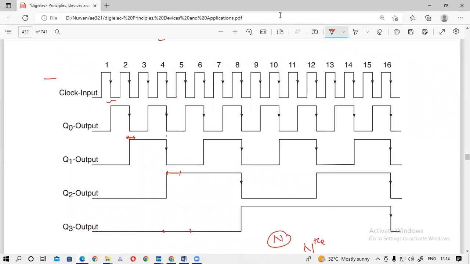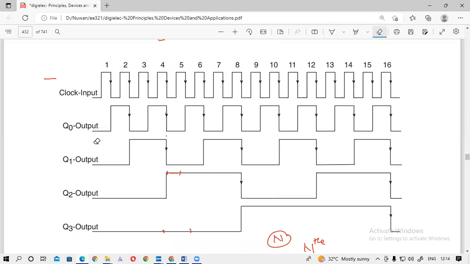For example, I use the first clock. I will explain it with the first flip-flop, and it is also the same as the fourth one, the last one.